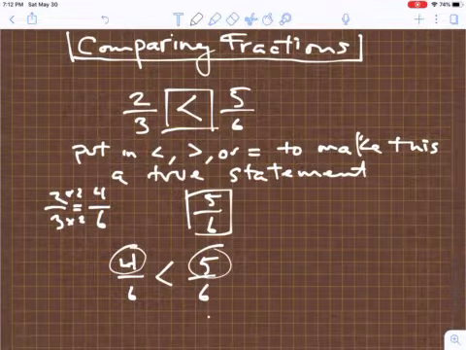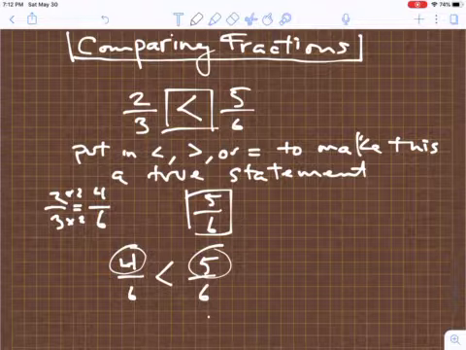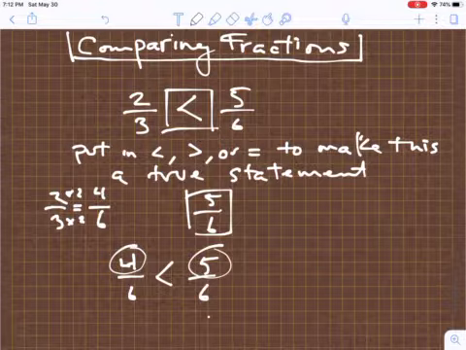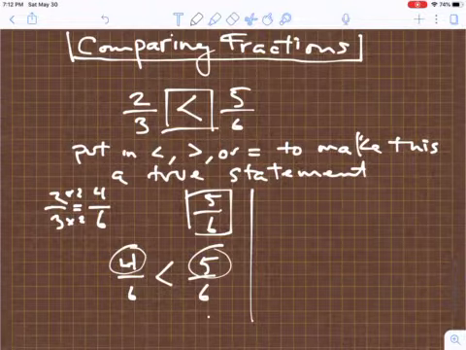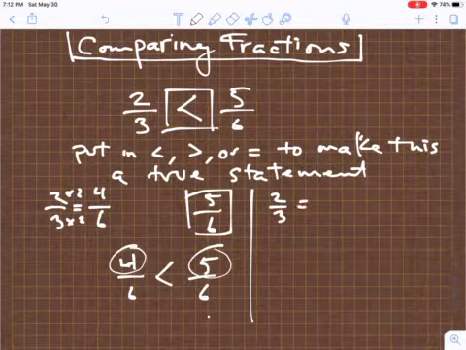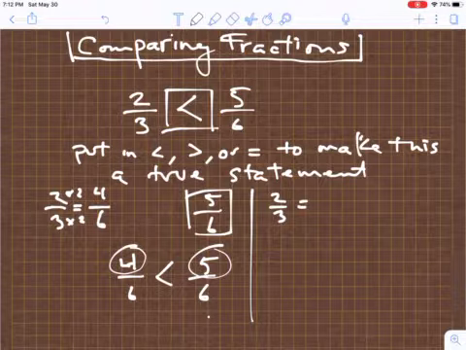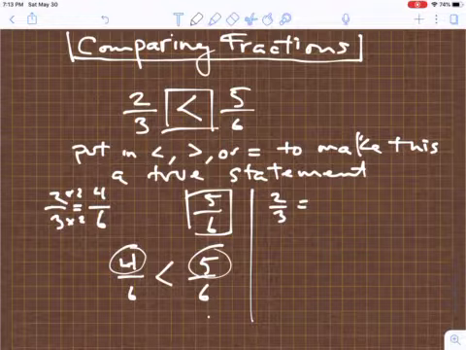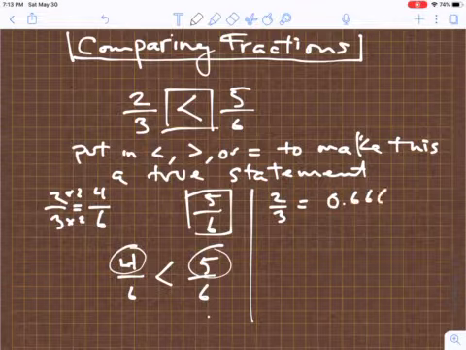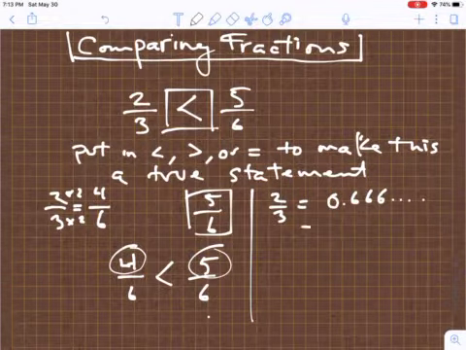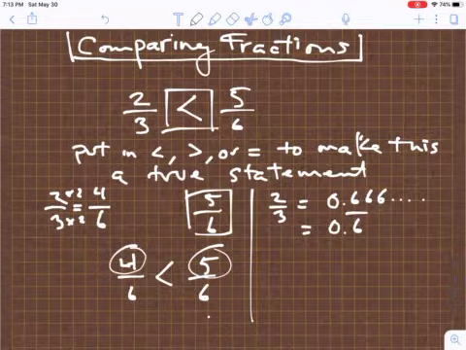All right, now the other way to do this that works very well is simply to do division problems with the 2/3 and the 5/6 and convert them into decimals. So if you have 2/3 and we convert that into a decimal, I'm not going to do this on the calculator because I know what both of these are, but if you want to check my work, you can. 2/3, if I put it in the calculator, gives me 0.666 repeating, which is 0.6 with a bar over it.